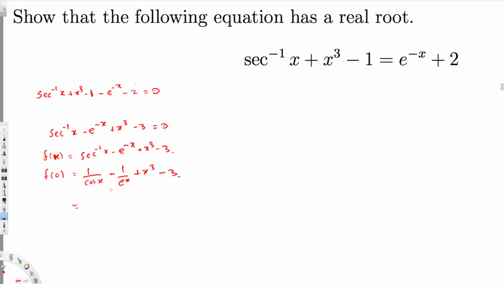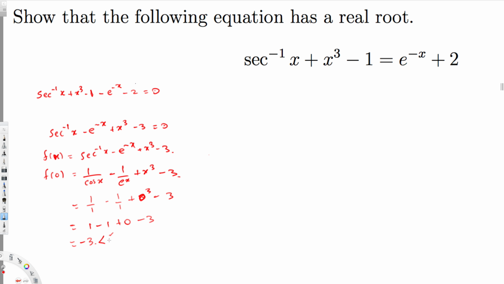Now if I plug in 0, cos 0 is 1, so it's 1 over 1, and e power 0 is also 1, so it's 1 over 1, plus 0 cube minus 3. 1 minus 1 is 0, 0 cube is 0, and minus 3, so the final answer is minus 3. So we got a number that is less than 0.